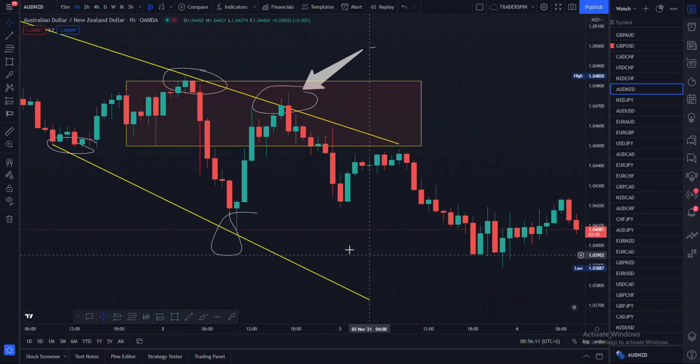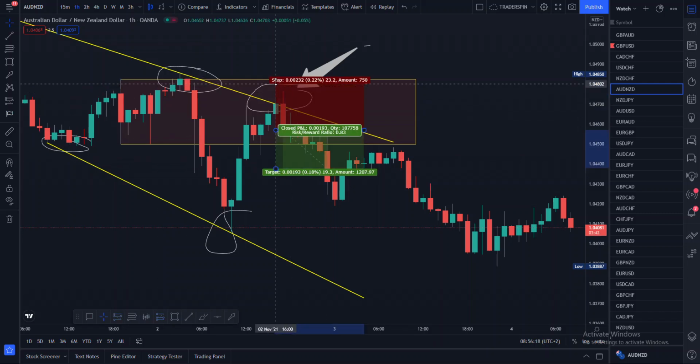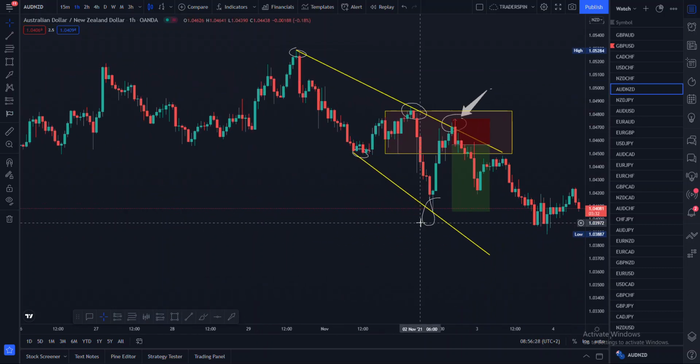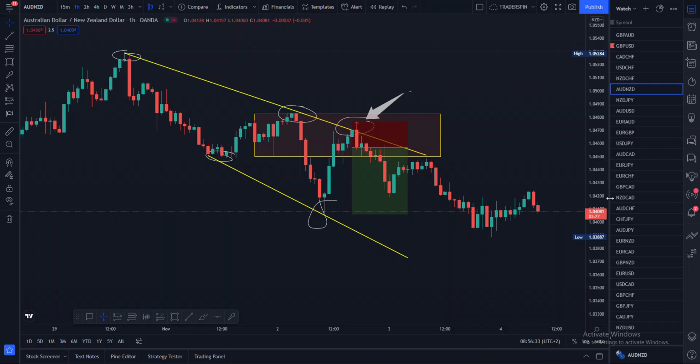You enter here, and then we actually entered here, and then we took our profits just down somewhere around here. All right, it was a very quick, beautiful trade. Took it like yesterday, I think, and then the following day it actually hit my TP.